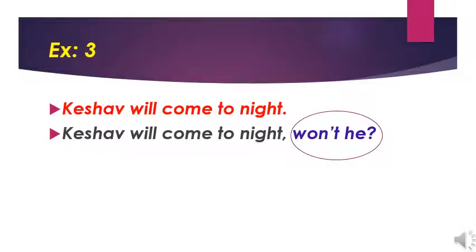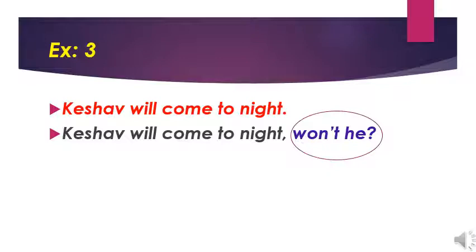Next we will go for the third example. "Keshav will come tonight." First you have to keep a comma after this statement. In this, "will" is a helping verb and we are writing the word "will" as it is, and this is a positive statement, because we don't have either not, none, nothing, never, etc. To make it negative, we add a "not" after the will.